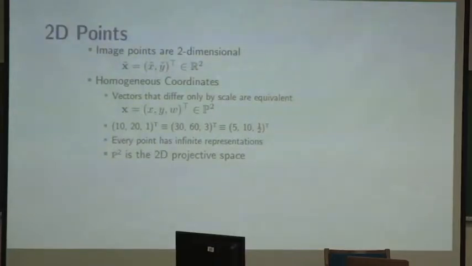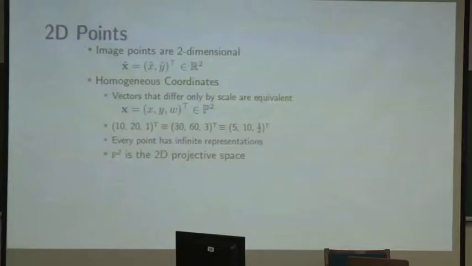Okay? So this point x is x, y, w now, whereas it was x tilde, y tilde previously, and it belongs to this space of 3 vectors. This space of 3 vectors to represent 2D points, right? Vectors of length 3, but they are still representing 2D points here, is called P2, which is the projective space, okay, as opposed to R2.